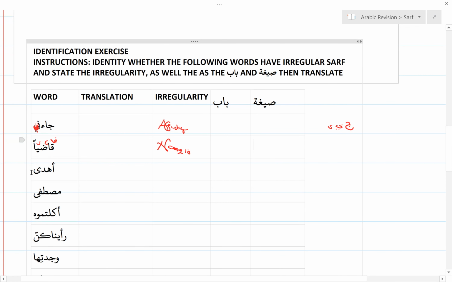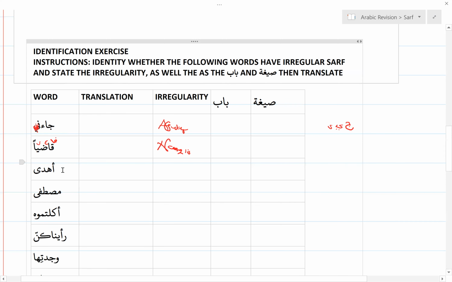Okay, now you come to a word like this, ahda. Now, this one is a bit tricky, and I'll tell you why. This one is tricky because there are two possibilities. It could be a fi'l or it could be an ism, right? It could be a fi'l, maybe from the aslama family, or it could be an ism like akbar, akbaru. Remember that?